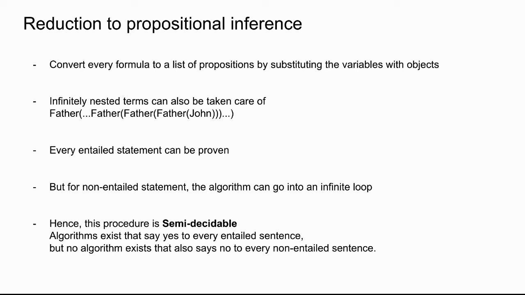If your statement is entailed by another statement which you know to be true, then there is a system by which you can prove it. But for a non-entailed statement, there is no way for you to either prove or disprove it in all cases. That's why first order logic is semi-decidable, and this is one of its limitations.